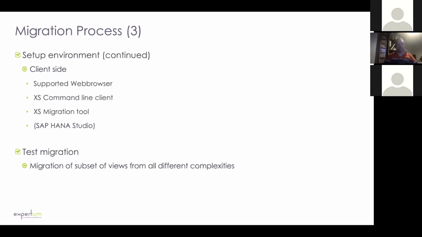So it's smart to, in your test migration, also see if the migrated views perform as expected, or if you need to go back to the drawing board to see what you can do. So the question is, do your assumptions that you've made during the preparation actually match the reality? If they do, great. If they don't, go back and see where you have to make changes to this.